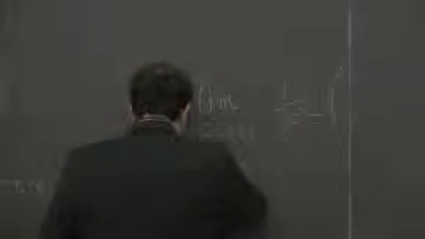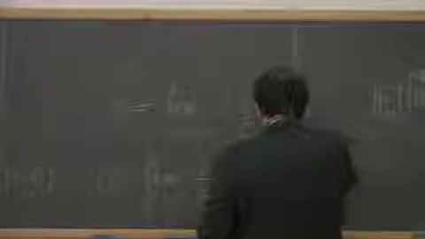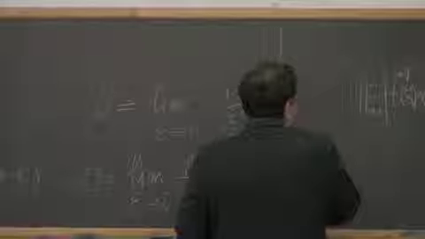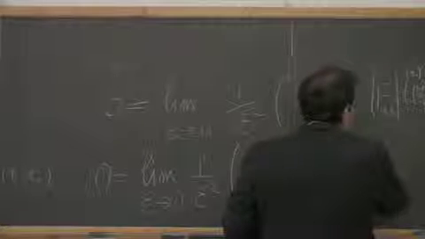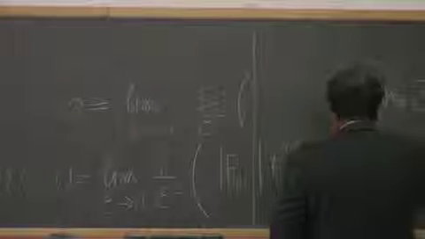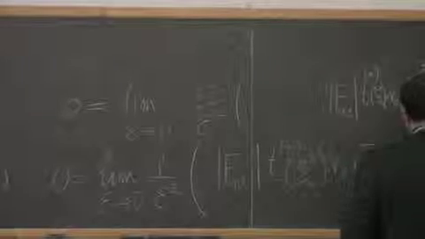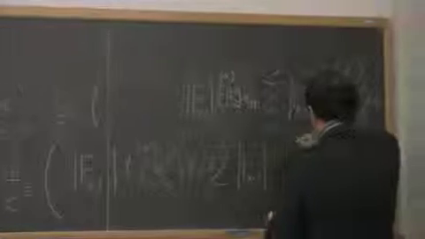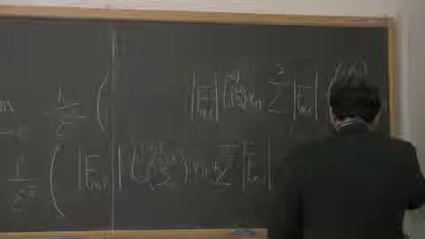So we have the limit, epsilon tending to 0, of 1 over epsilon square, bracket, f n epsilon, t n, psi epsilon n, dot v0, plus sum, f n I, t minus ei, psi I epsilon, dot v0.